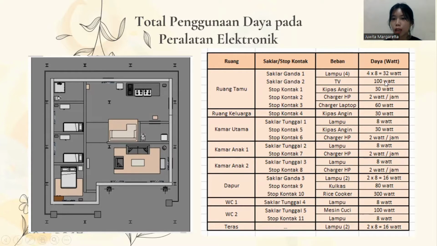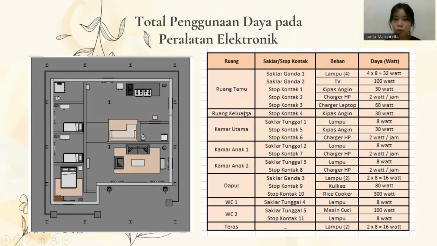Every light uses 8 watts, so the total for the 4 lights is 32 watts. A television uses 100 watts. A fan uses 30 watts. A phone charger uses 2 watts every hour. A laptop charger uses 60 watts.